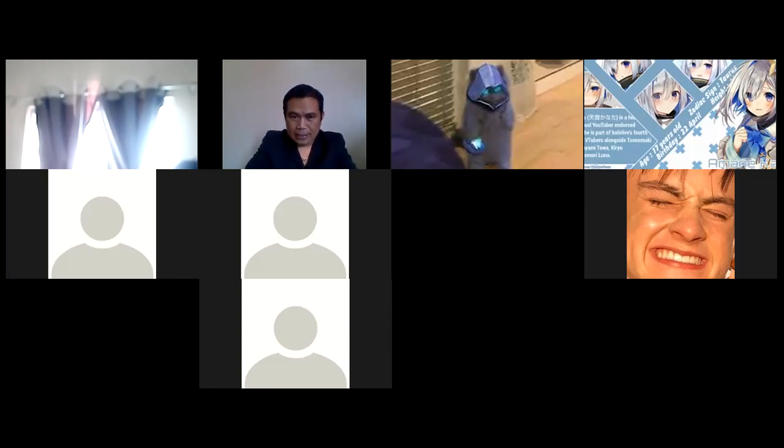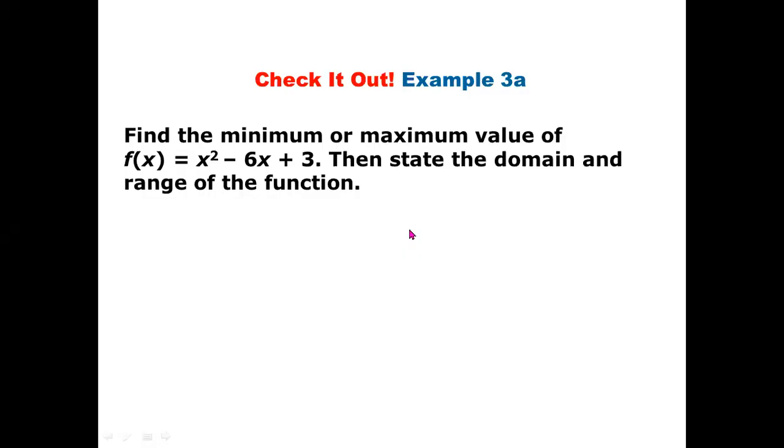So this is now the opposite of the other one. Please follow so that we can get how to get the minimum or the maximum value.